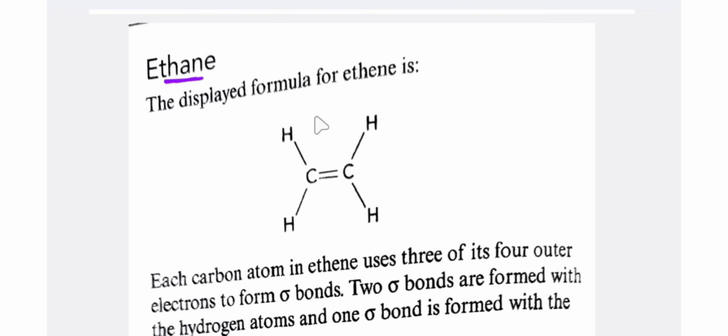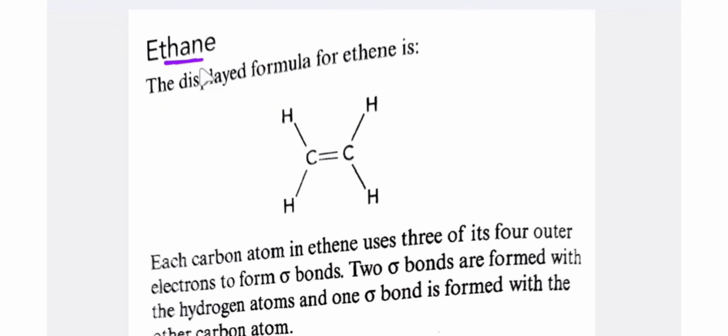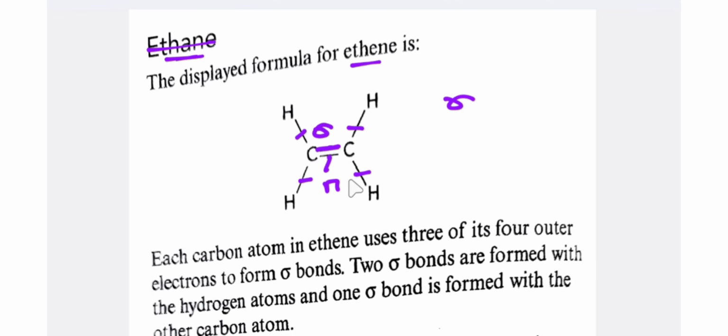So for ethane, so this is ethane. This is not ethane, this is ethene. So for ethene, these are all sigma bonds, and the first bond between the carbons is a sigma bond. So this is sigma, and the second bond is a pi bond. So the first bond is a sigma bond and the second bond is a pi bond.